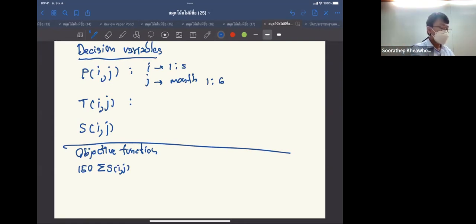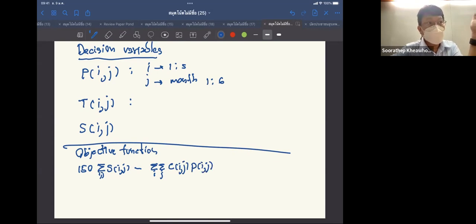Okay, so what about the cost? The cost we have is purchase, right? For purchase, we have to subtract the summation over I and J of C_IJ and P_IJ.